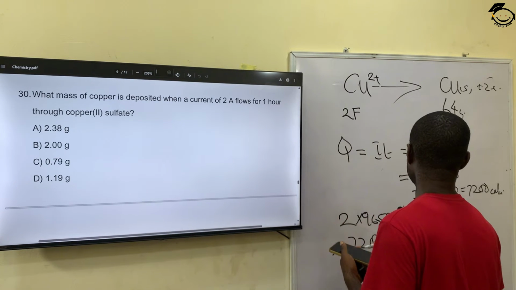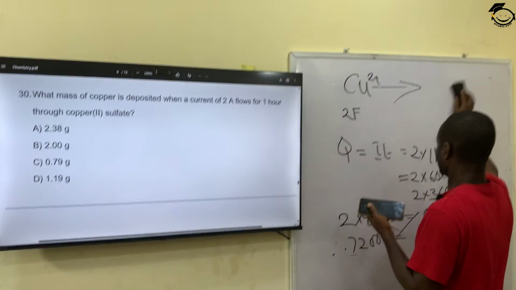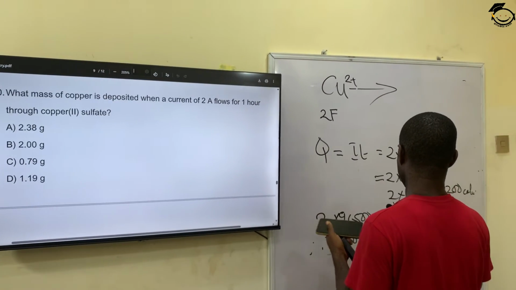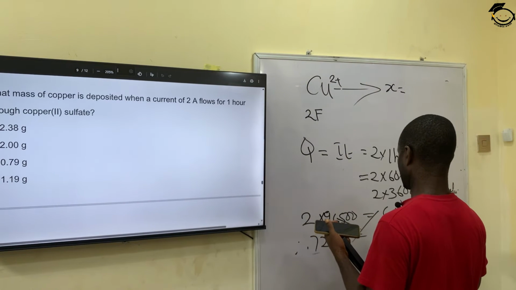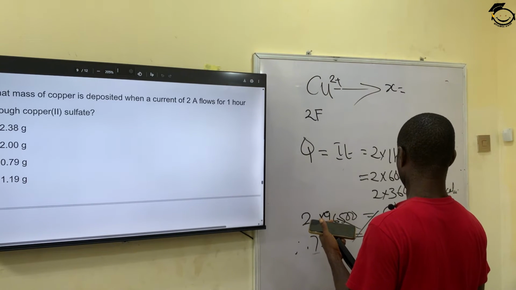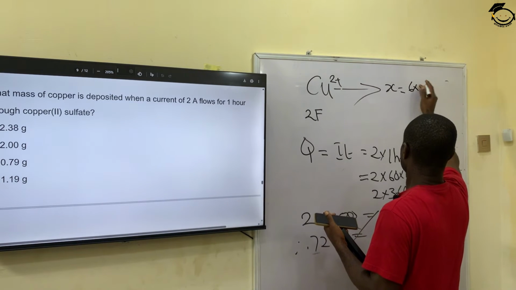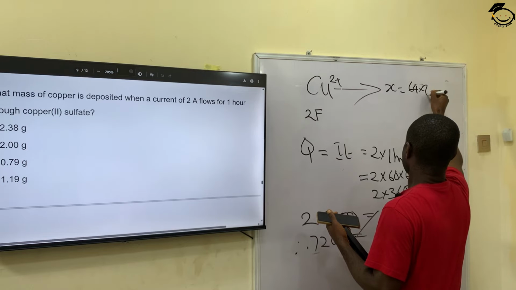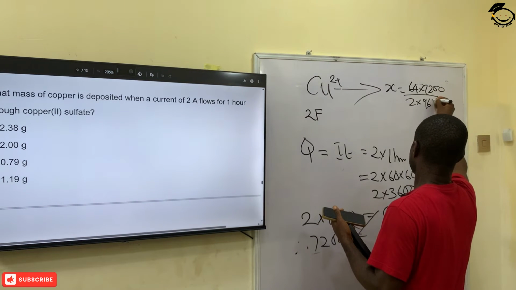Cross multiply. X will give you 64 times 7,200 all over 2 times 96,500.